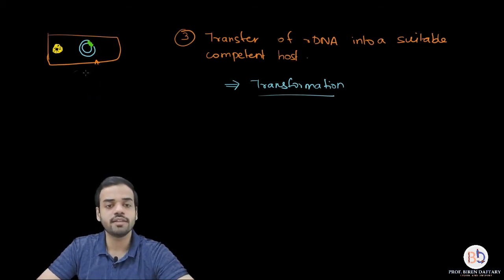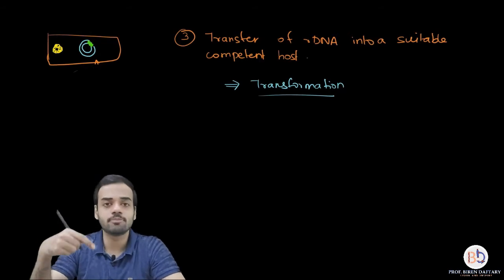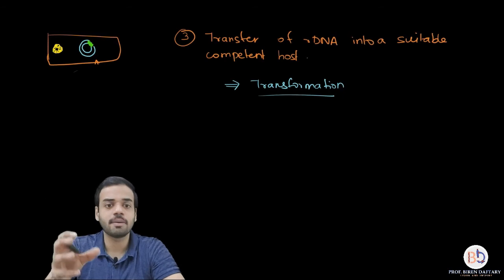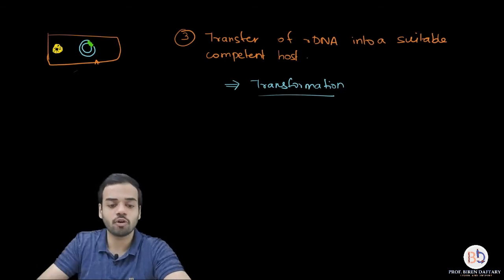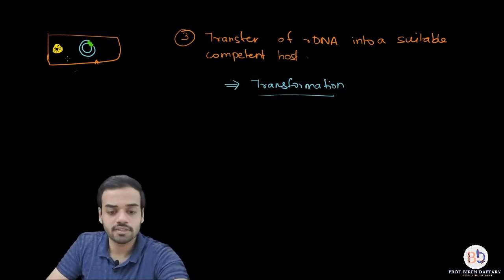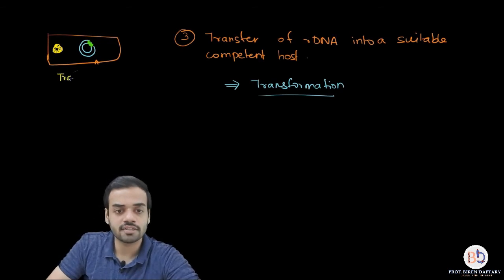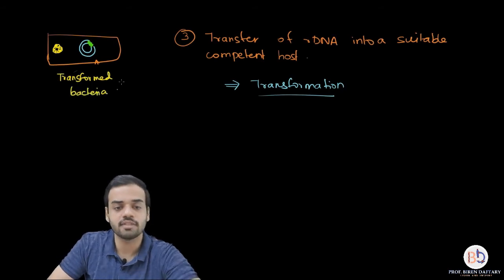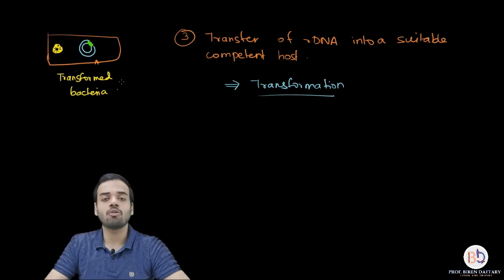So now when that recombinant DNA is absorbed by the host bacteria, then this bacteria is said to be transformed. I will write it down over here. This bacteria is called transformed bacteria, and the phenomenon is called transformation.